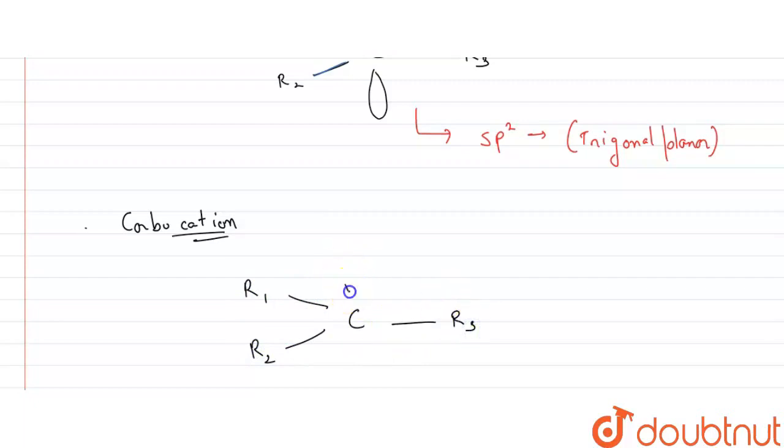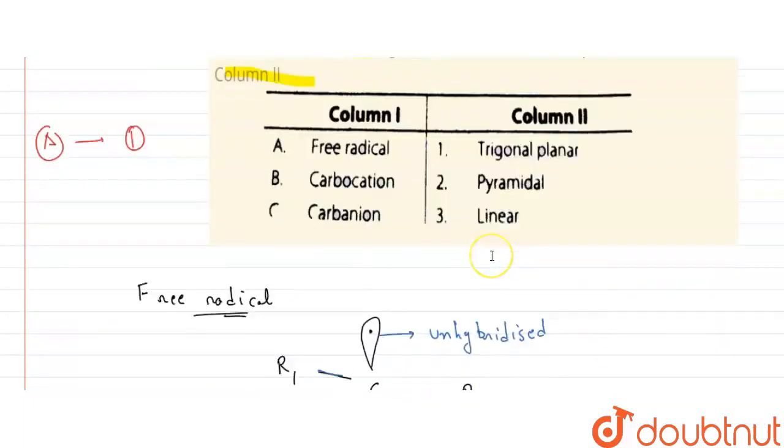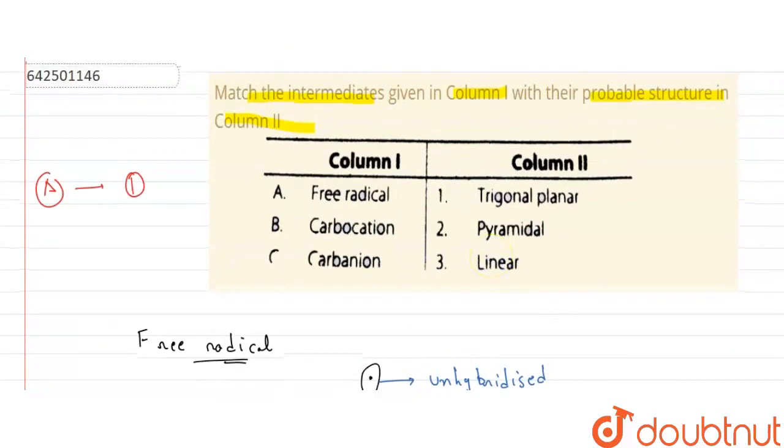So in this case this p orbital will just be empty because it's a carbocation. It is having a positive charge. There are no electrons in this p orbital, thereby making it again sp2 hybridized and a trigonal planar. So from here I can write that option B is associated with first part again. So carbocation is also associated with the first part.